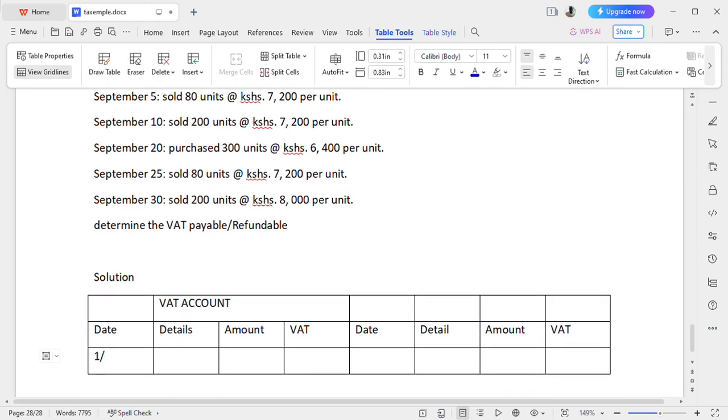That is 1st September 2015. Detail: purchases. Again, remember this side is input and this other side is output. So never forget that. Input tax, output tax.